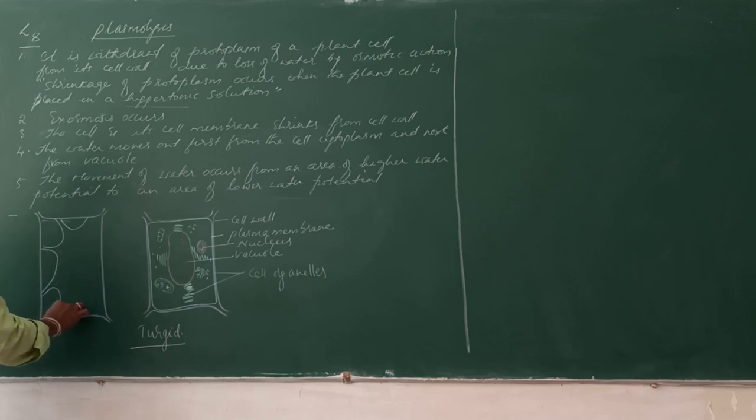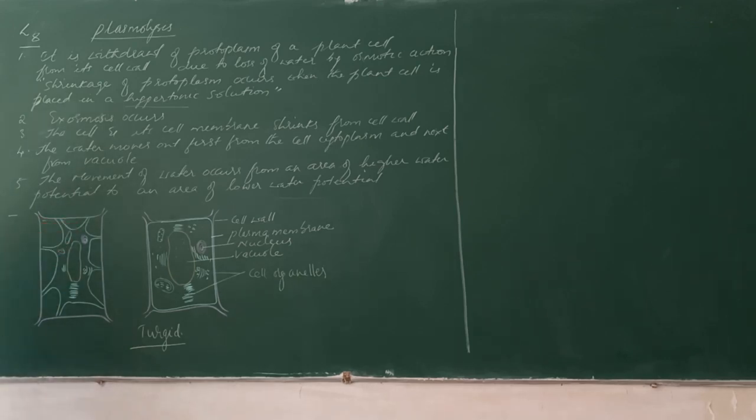So usually the protoplasm starts withdrawing, and later on it extends in the corner. So the vacuole also gets reduced, and the nucleus and all these cell organelles, Golgi complex, endoplasmic reticulum, etc.